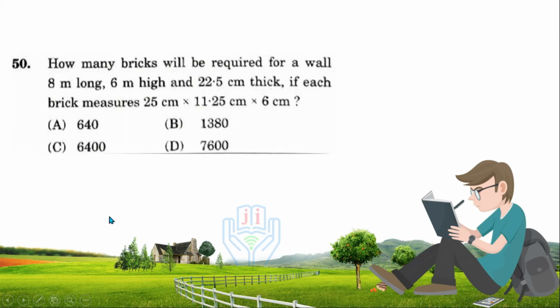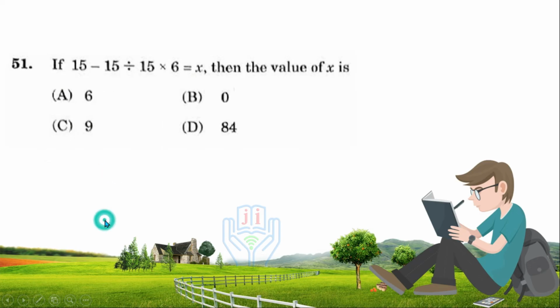50th question. How many bricks will be required for a wall 8 meters long, 6 meters high and 22.5 centimeters thick, if each brick measures 25 centimeters into 11.25 centimeters into 6 centimeters? Calculate this one. Answer will be C, 6400. 51. If 15 minus 15 divided by 15 into 6 equals x, then the value of x is?